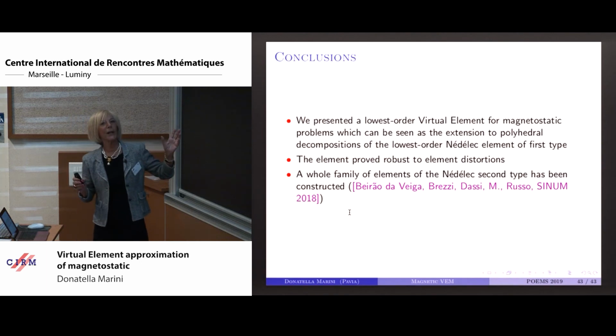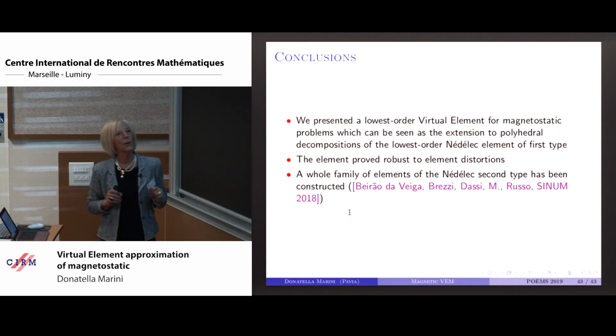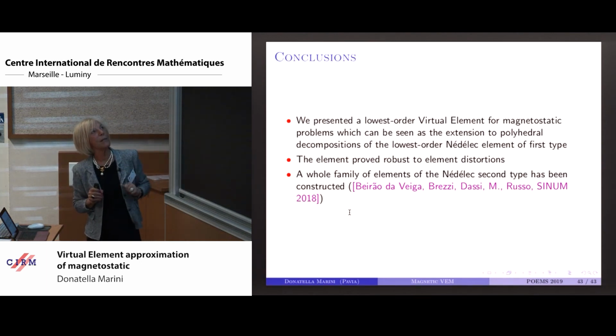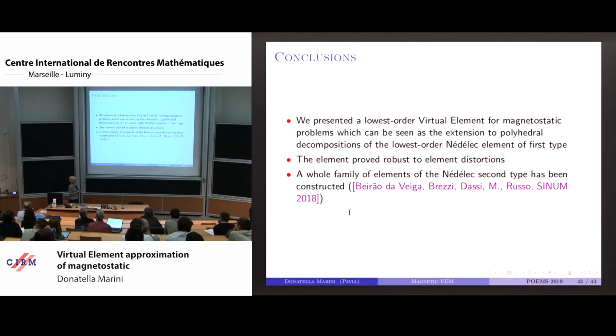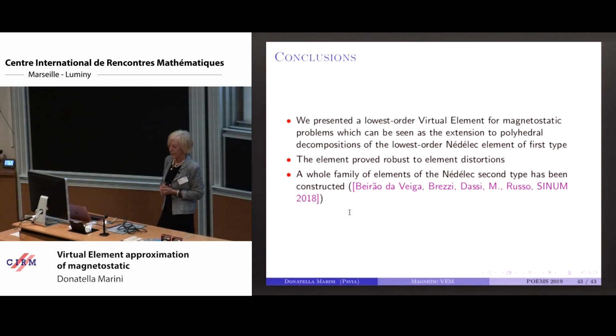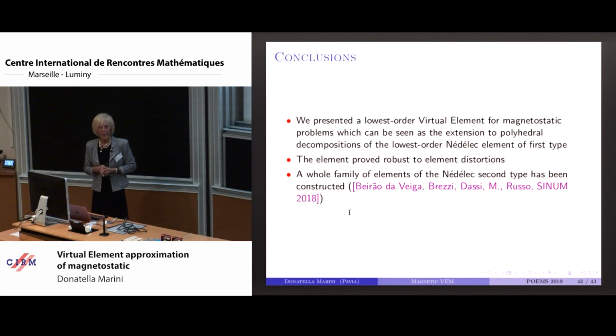And then, very quickly, just to let you know that it exists, I presented a family of elements which are the extension to polytopic decomposition of the Nedelec second kind in 3 dimensions. I thank you for your attention.